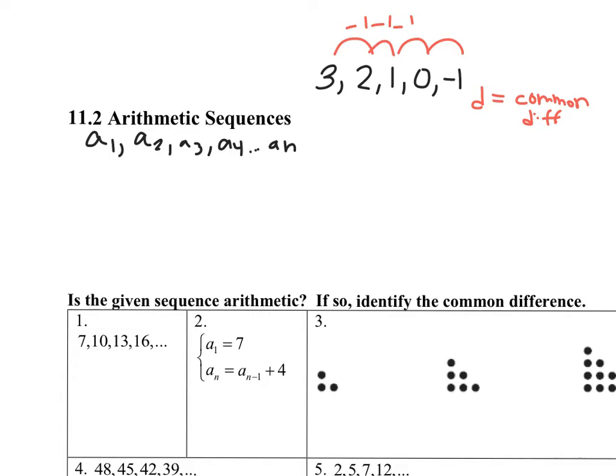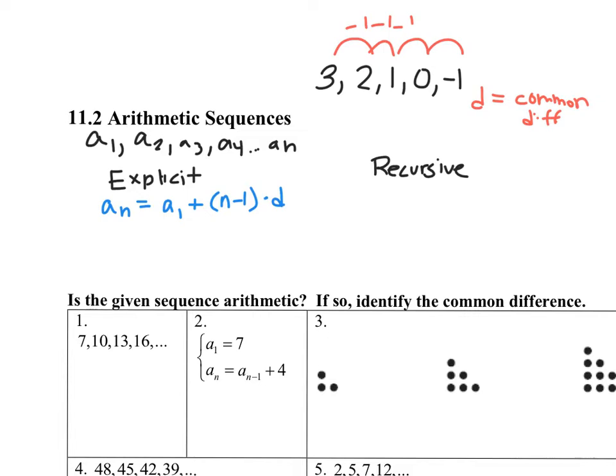So in an arithmetic sequence, we have an explicit formula and we have a recursive formula. An explicit formula looks like a sub n, so that's to find the nth term, equals the first term, which is a sub 1, plus the quantity n minus 1 times d.